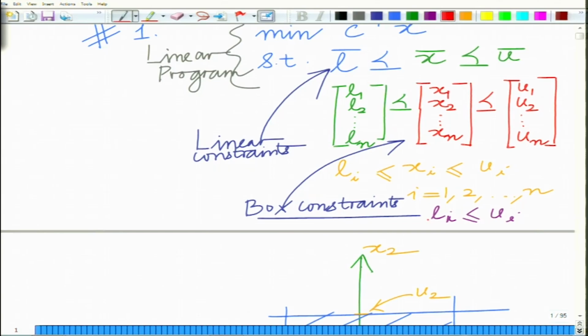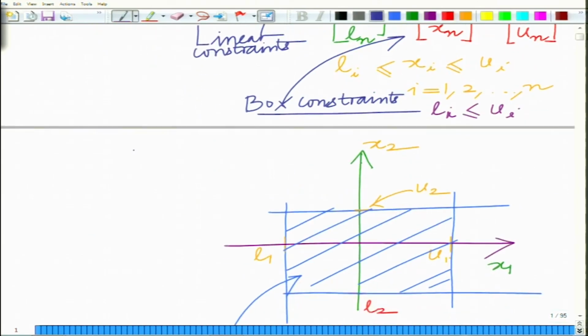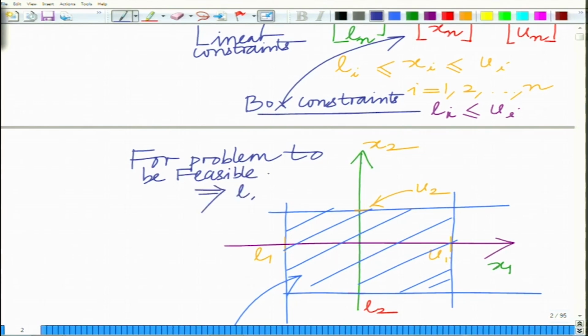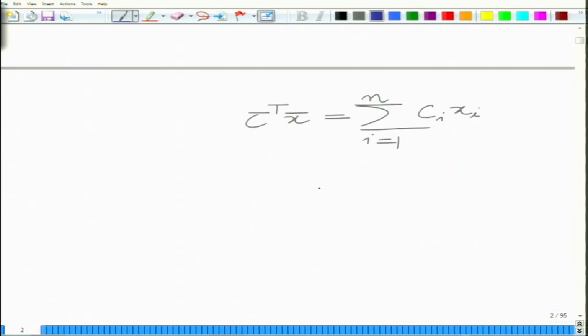So the problem is feasible only if each lower bound li is less than or equal to the upper bound ui for each variable x. Otherwise there is no point x which satisfies the constraints.